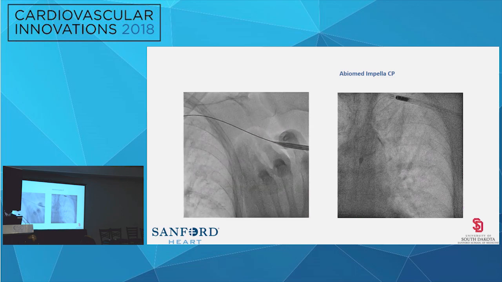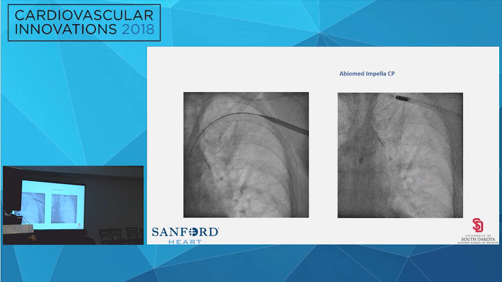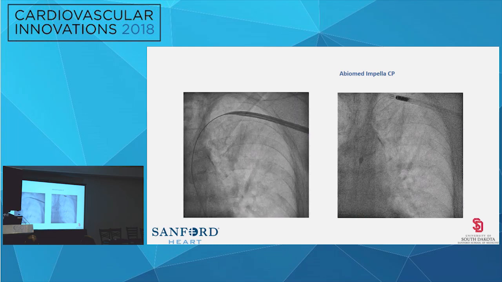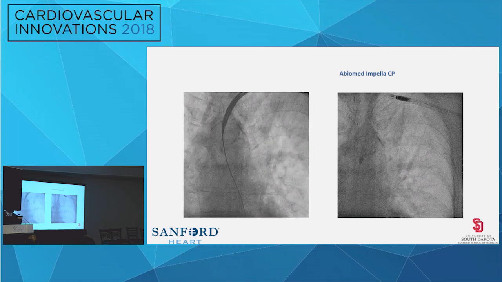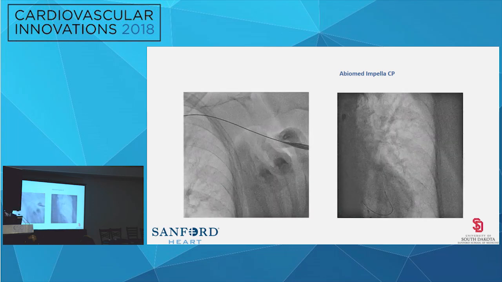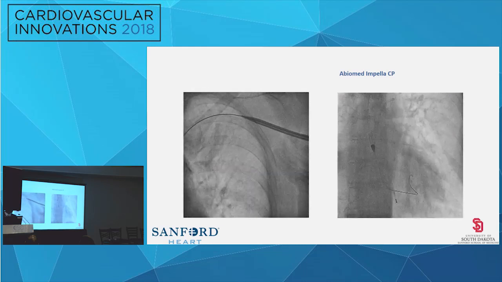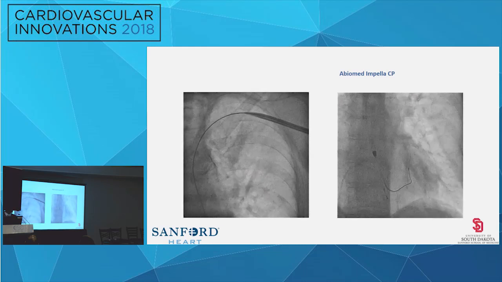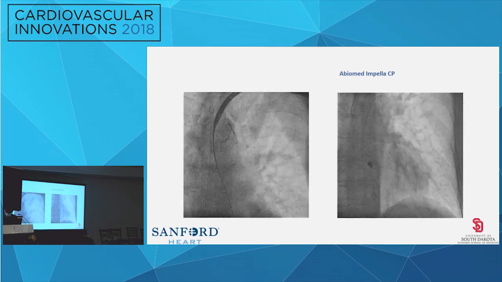We used the initial 5 French followed by 6 French just below the inferior glenoid cavity, and then dilated to allow 8 French. At this time, we used 2 pre-close devices at the 2 o'clock position, which were not tightened. This was followed by the 14 French Impella sheath.